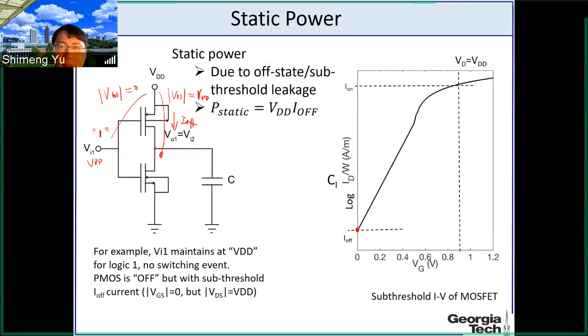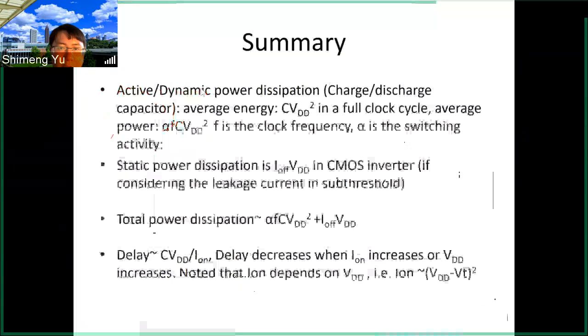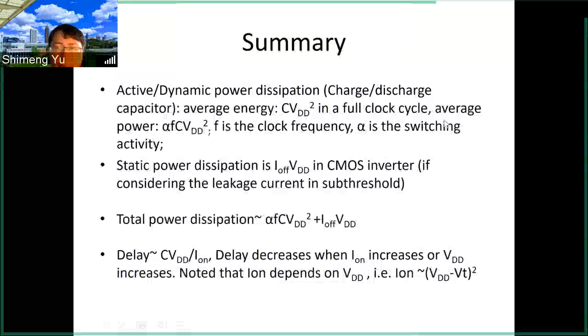Alright, this is a summary. Two kinds of power. One is active dynamic power, due to the charging and discharging of the cap. The average energy in one clock cycle is C VDD squared, and the average power is frequency F multiplied by this energy.